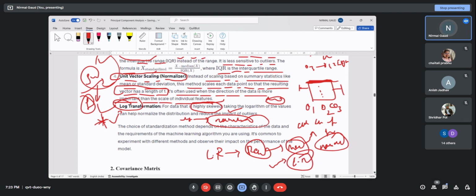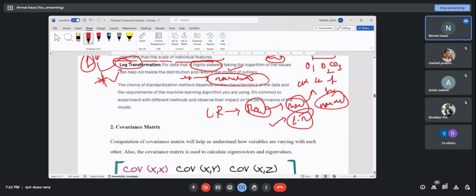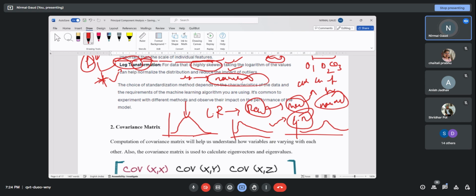So when we make the visuals of each and every feature present in the data, and we see whether they are normally distributed or not, the normal distribution plot looks like this. This is like a normal distribution. Or if your data is skewed, whether it is left skewed or right skewed, by applying log transformation, it can tackle the skewness of the data. It will tackle highly skewed data.